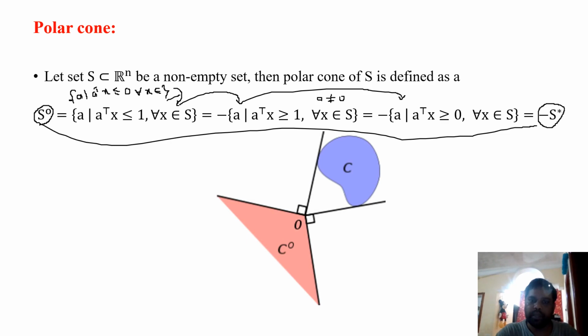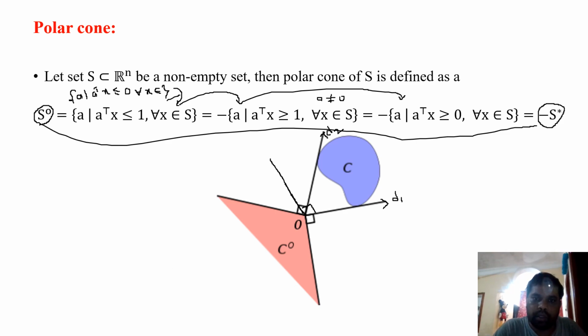Here, same example I have taken. So what you do is draw both the cones. First, draw the extreme directions. So d1 is an extreme direction of the given set, d2 is an extreme direction of the given set, and then find the dual extreme directions. It must be perpendicular to d1.